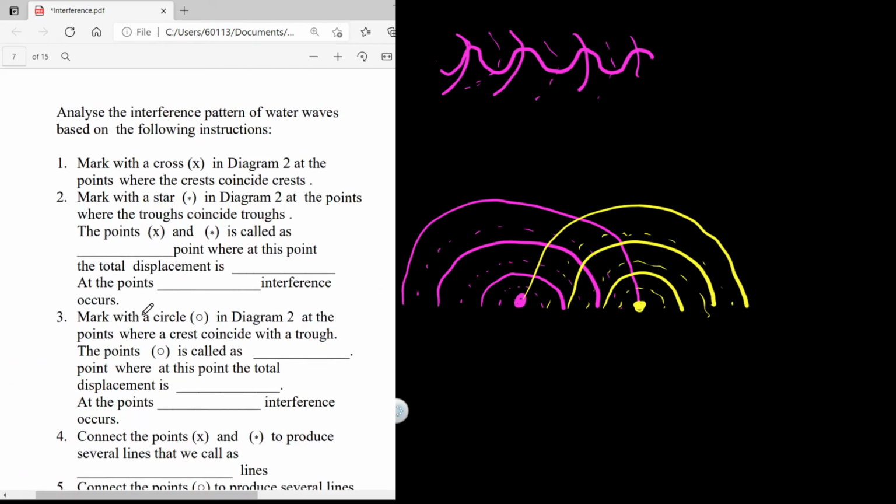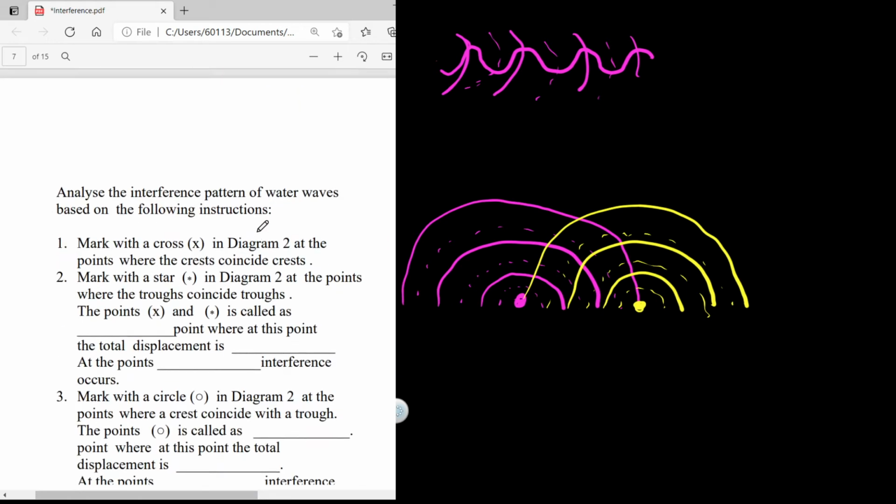So analyze the interference pattern of the water wave based on the following instructions. Let's try to follow the steps that were given to us. Mark with a cross X in diagram 2 at the point where the crest coincides with a crest. So crest meeting crest.